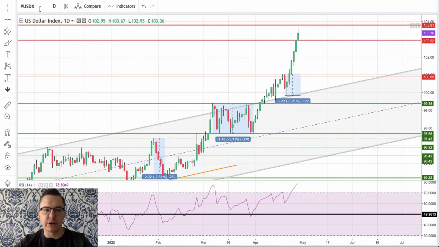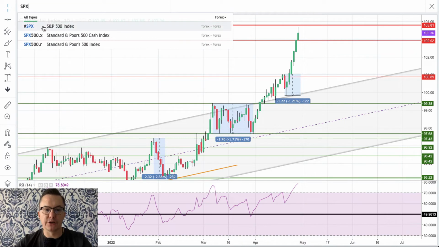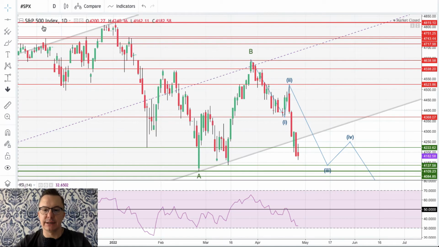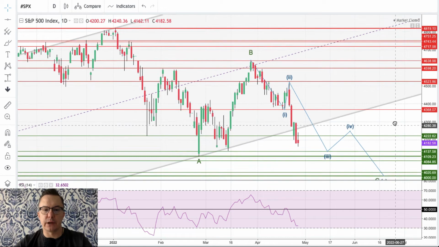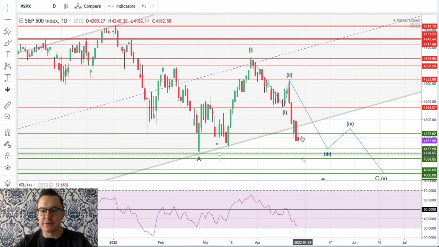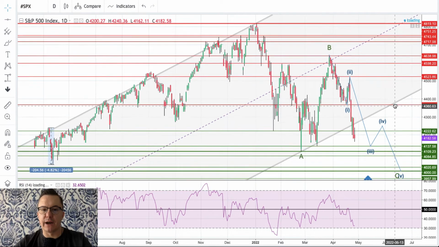Very interesting situation. US dollar is going up. What is the SP 500 index doing? It's moving around, trading around the level of 4,222, and it's moving according to our scenario of the impulsive decline in 5 waves.